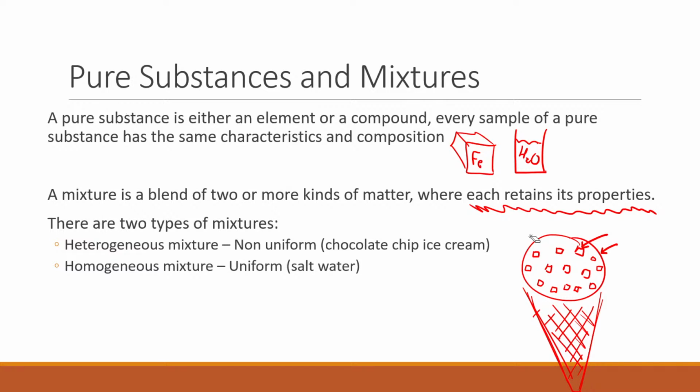Or sometimes you get half a chocolate chip. It's not uniform. Even if you take the same size bite every time, you're not going to get the same amount of ice cream and chocolate chip every time. It is not uniformly mixed together. Every sample is not the same.